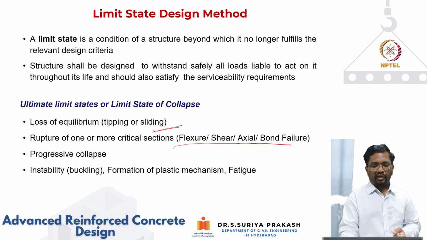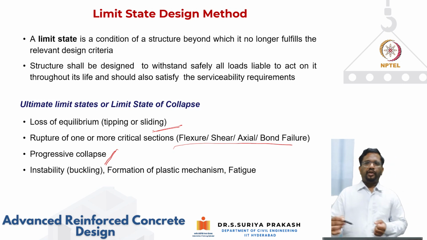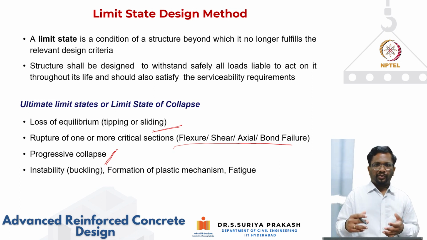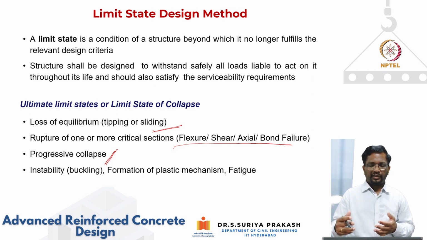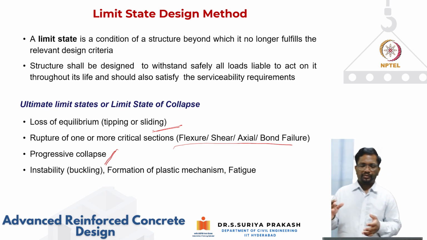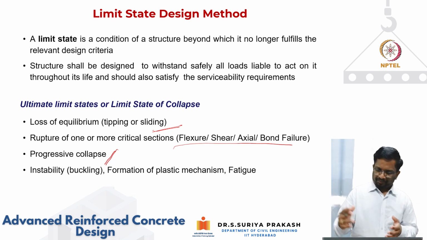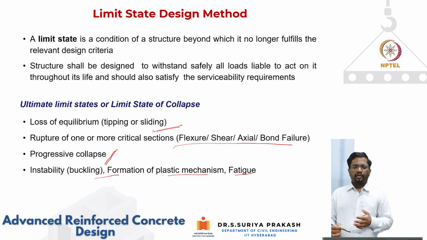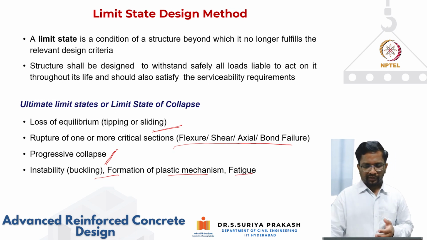You can also have progressive collapse. When you're designing a tall building, we have to make sure that the structure has adequate structural redundancy. Even if one or two major columns are removed, the structure should still be able to stand so that people can evacuate safely. Also instability and formation of plastic mechanism, and fatigue, all come under limit states.